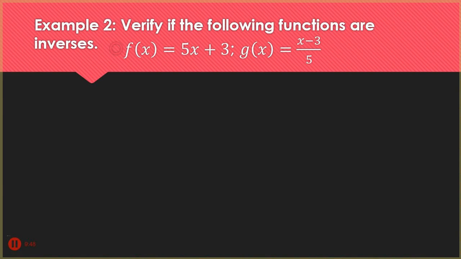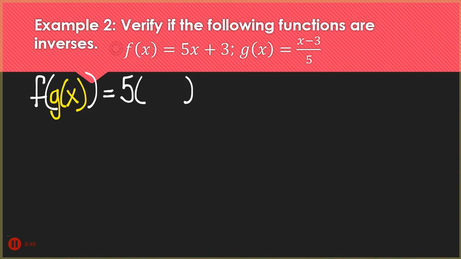Let's look at one more example. So again, we have our f of x and g of x, and we'll start with the f function. Five times something plus 3. The something is (x minus 3) over 5.